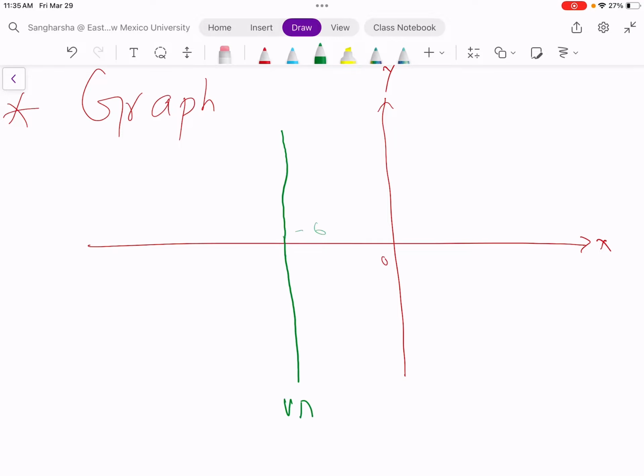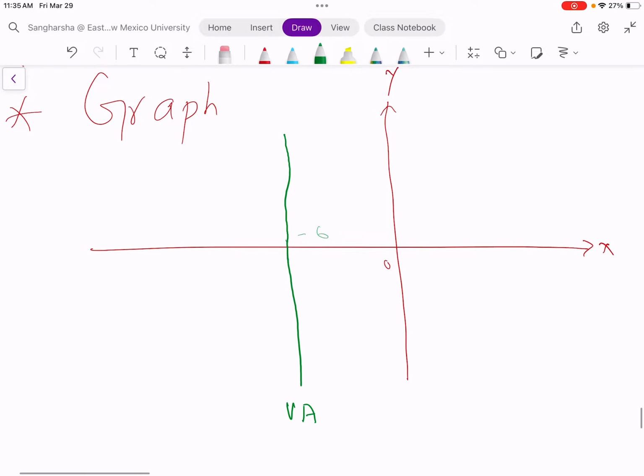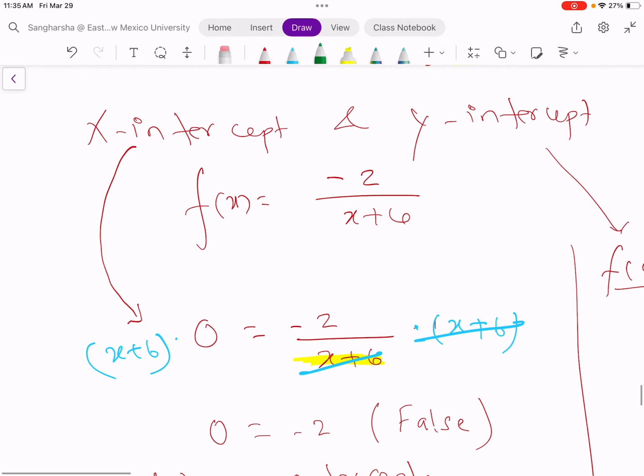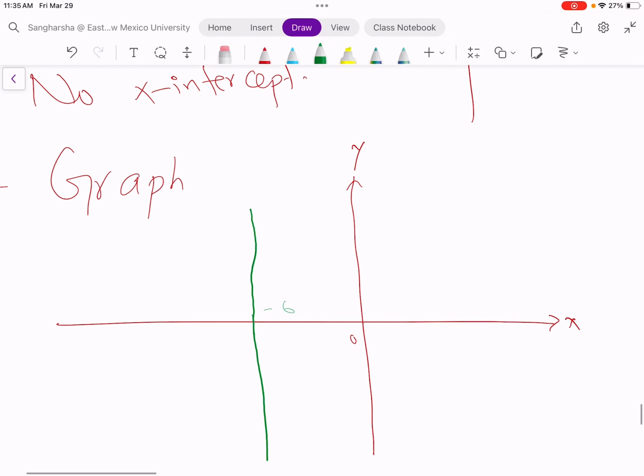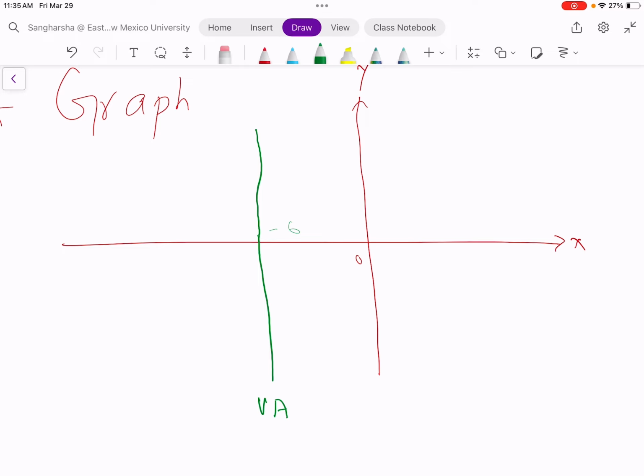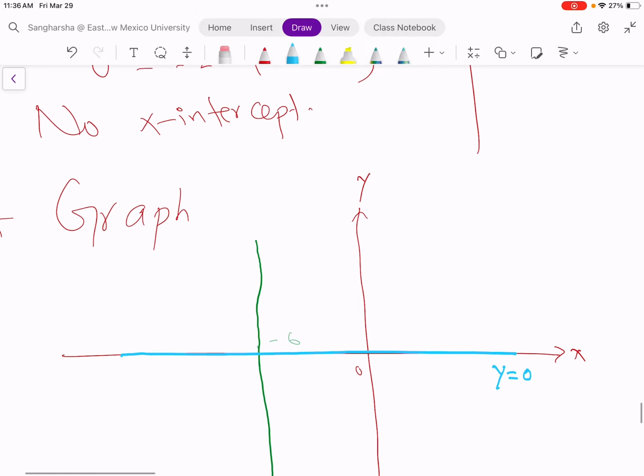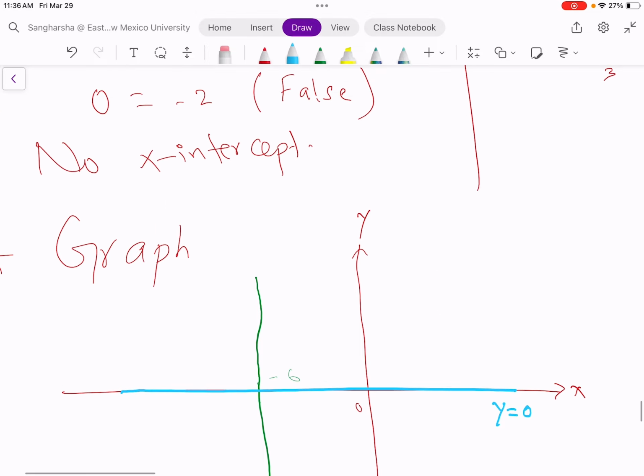Next we draw the horizontal asymptote, and our horizontal asymptote is y equals 0, and y equals 0 is the x-axis. Okay, so we draw the horizontal line. This is our y equals 0 horizontal asymptote. Now, it does not have an x-intercept, so the graph does not cross the x-axis.